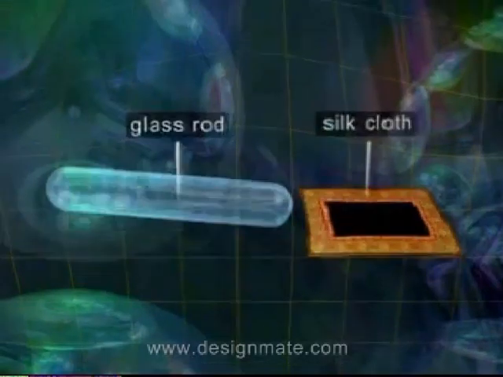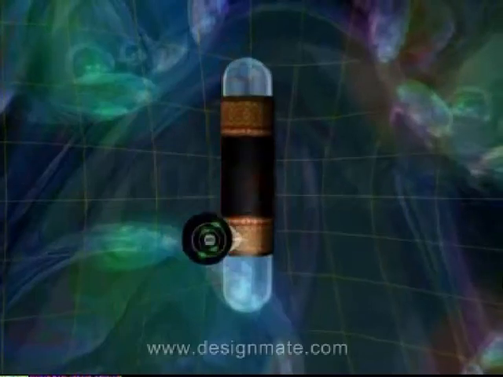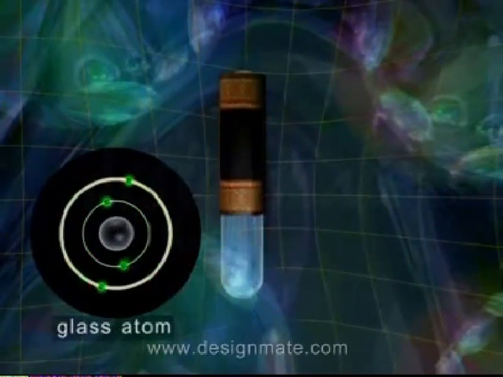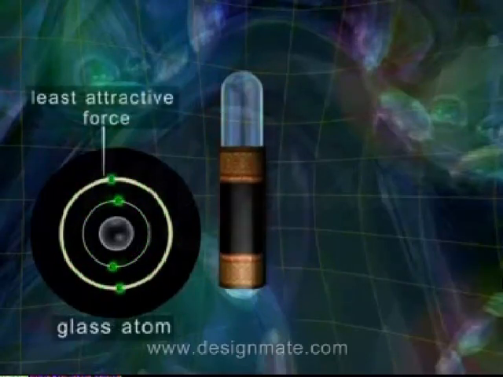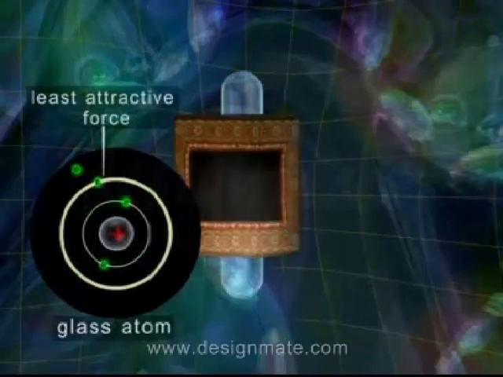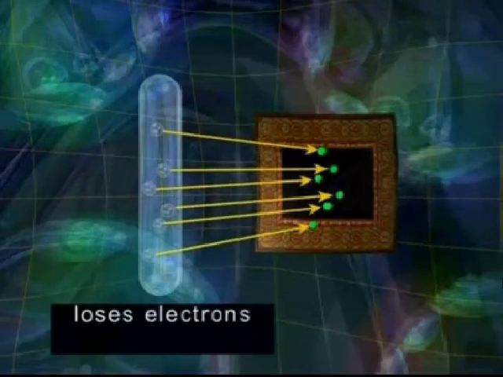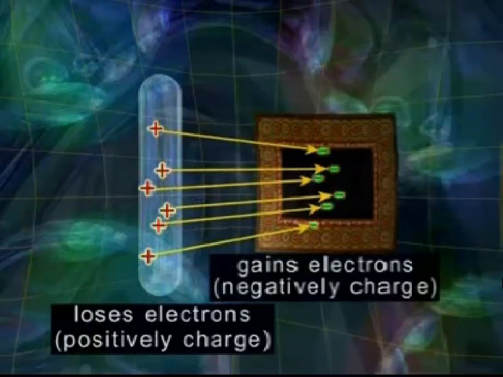When two substances are rubbed together, the electrons lying in the outermost orbit of one substance, which feel the least attractive force of the nucleus, leave their orbits and get transferred to the other substance. The substance that loses electrons becomes positively charged, and that which gains electrons becomes negatively charged.